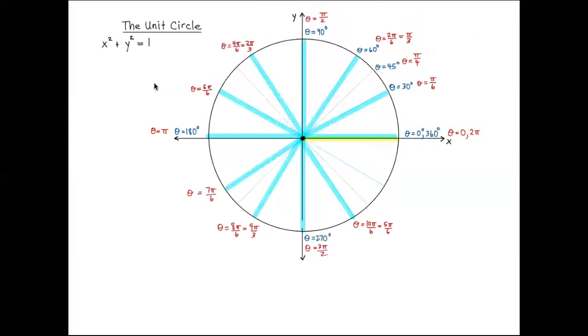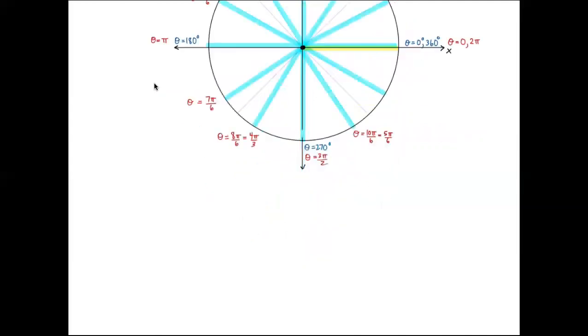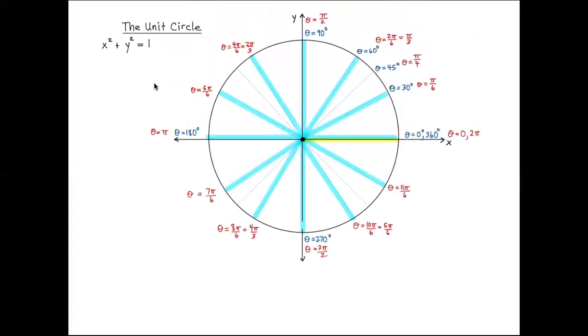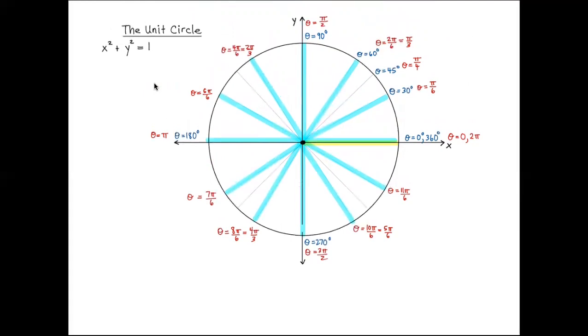Then we get to here, that would be 11 pi's over 6, which doesn't simplify. And if we go all the way back around, we get to 12 pi over 6, which is the same thing as 2 pi. I like working with this because I'm a fraction lover, but it's not so bad if you can just go around and count out the pieces.